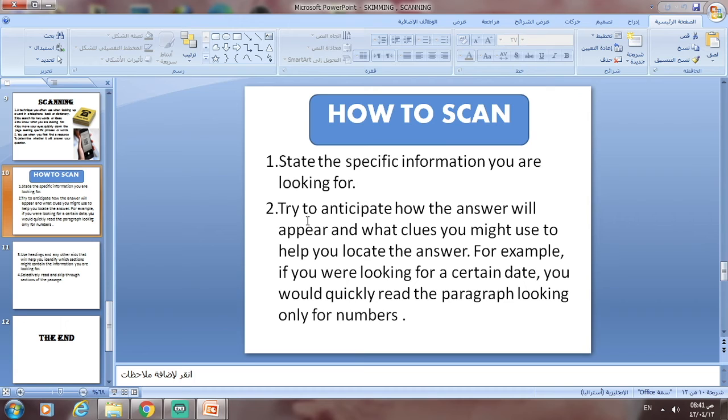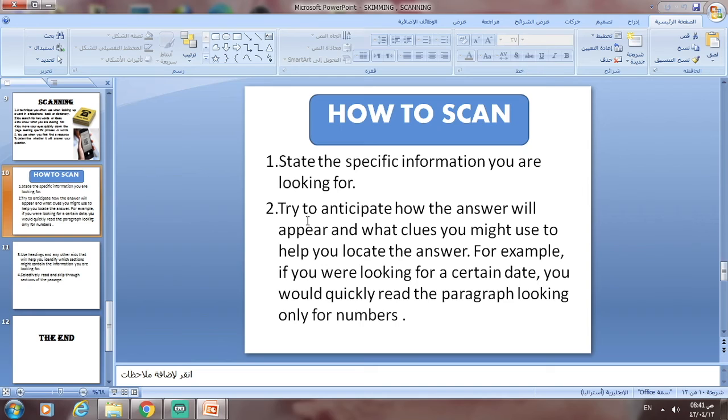So you start looking for only the answer to this question, the reason behind the increase of divorces these days, ignoring any other information, and try to anticipate how the answer will appear and what clues you may use to help you locate the answer.